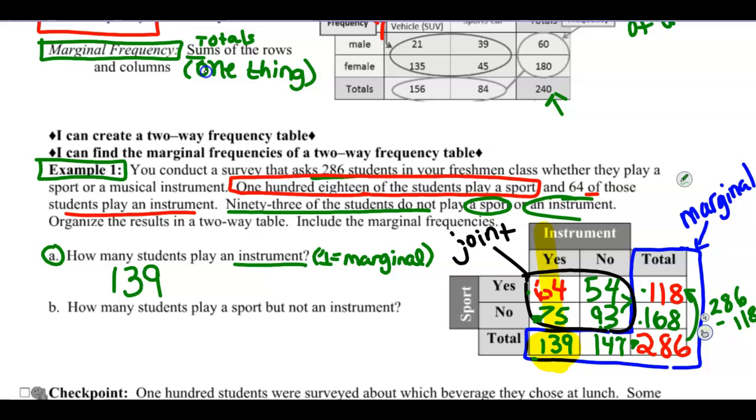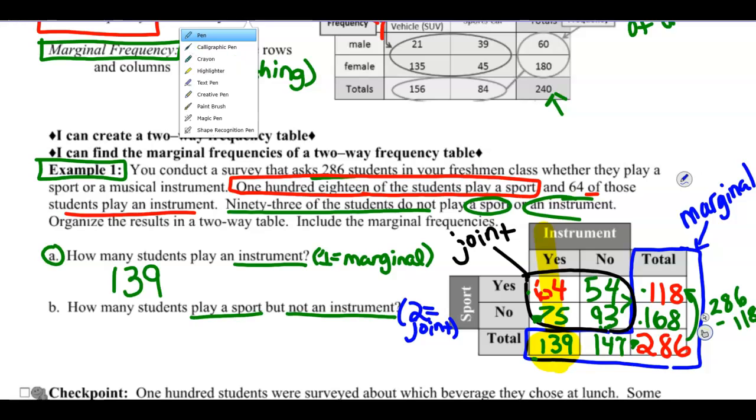Next, this says how many students play a sport, but not an instrument. This is asking for two things. So that is where we know we're going to be looking at the joint frequency or the inside numbers. So plays a sport, I'll use a different highlighter and I'll have them meet across at each other.